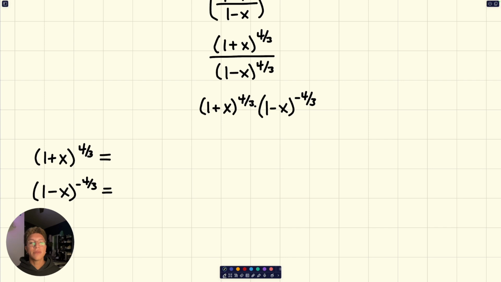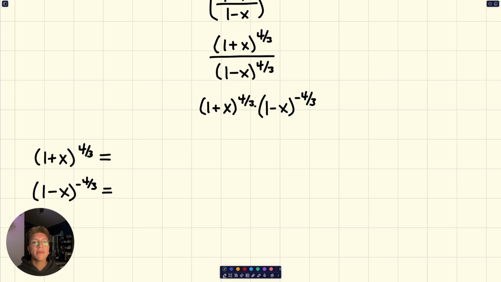For our very first one, we have 1 plus x, and we're just doing this through Wolfram Alpha. 1 plus x raised to the 4/3 power.